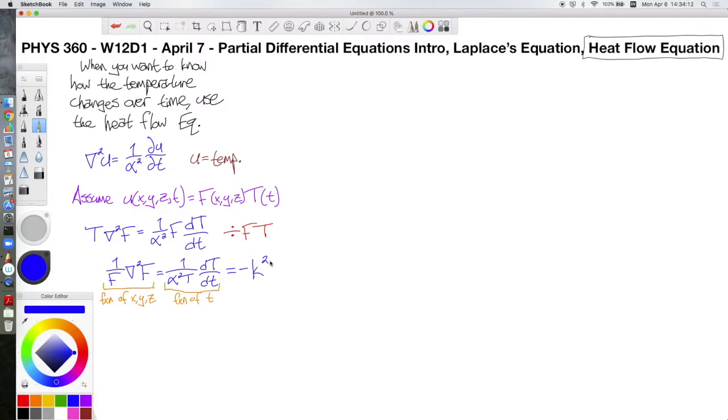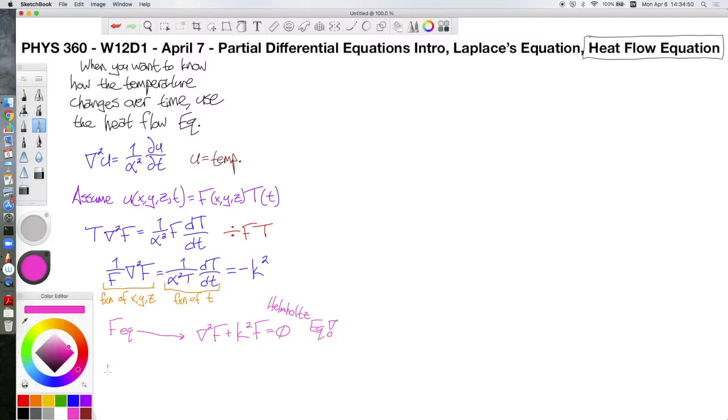So rewriting the two parts of this equation, we get the following. For the F portion of the equation, we can rewrite that as the Laplacian of F plus k squared times F equals 0, and this is the Helmholtz equation. So it is the spatial component of our solution to a Laplace's equation problem.